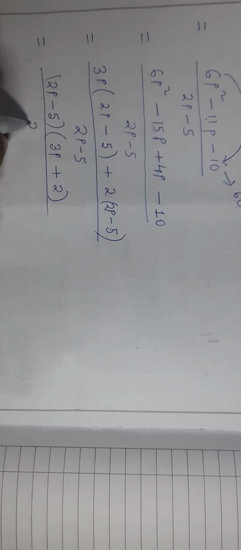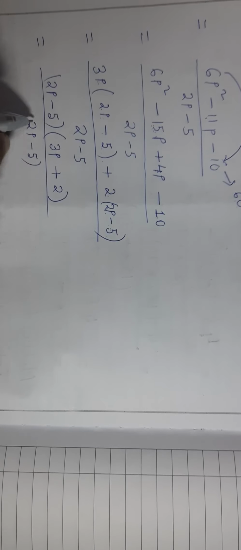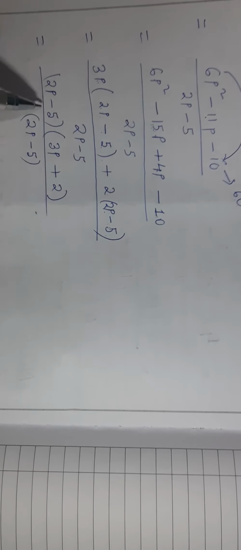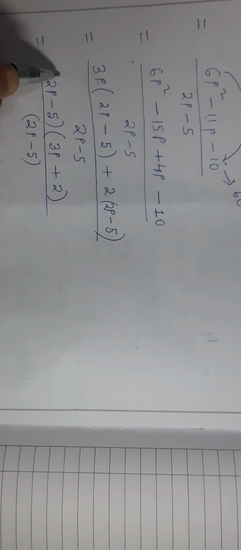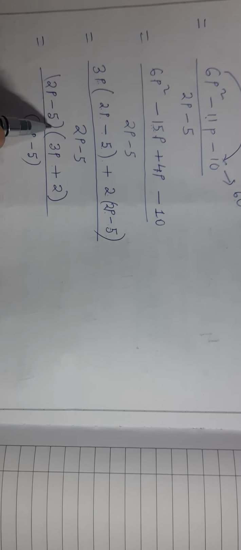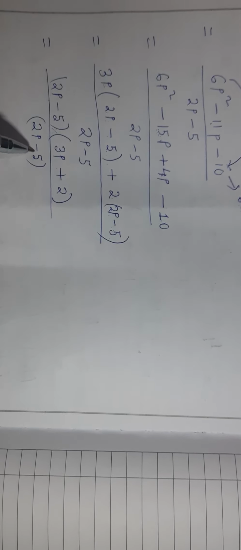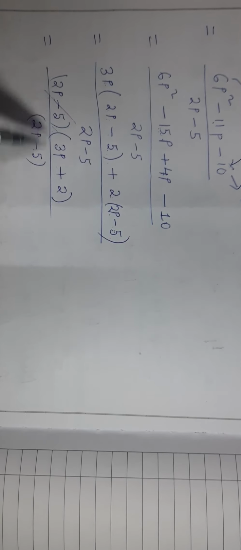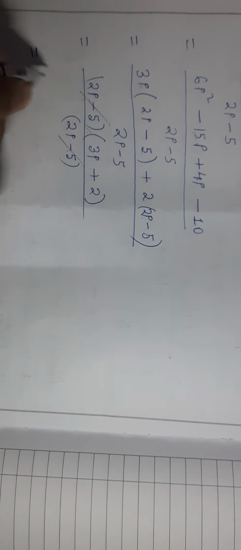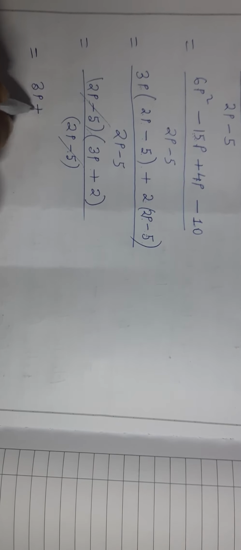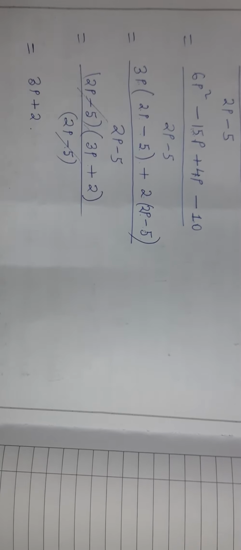Whole thing divided by 2p minus 5. Since both the expressions are within bracket, it means it is multiplication. So numerator and denominator can be cancelled. So the final answer is 3p plus 2.